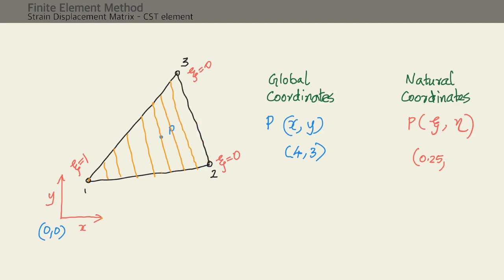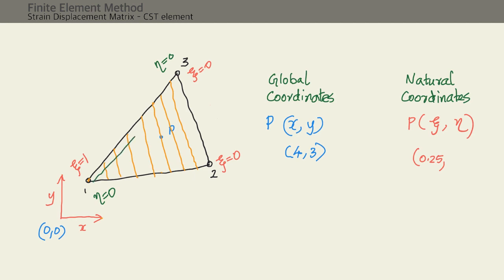The eta value is equal to 0 at node 1 and node 3, or along the line joining 1 and 3, everywhere the eta value is equal to 0. Now the value of eta is going to increase parallel to the line 1, 3, and it increases to a value of 1 at node 2.